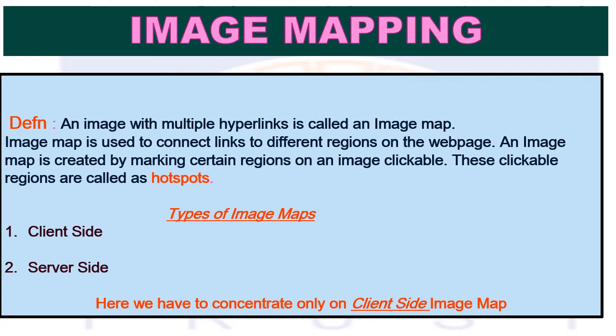That means in that image you will have hotspots. There is only a single image and you are giving links to different parts of that image, to different websites or different URLs. The clickable area or clickable region is called hotspots.